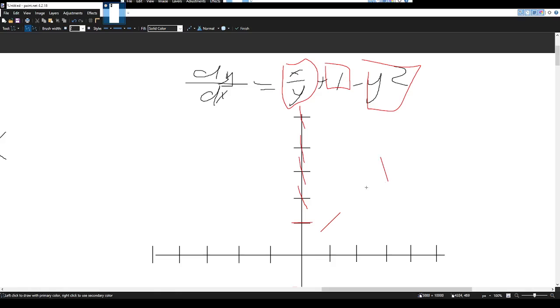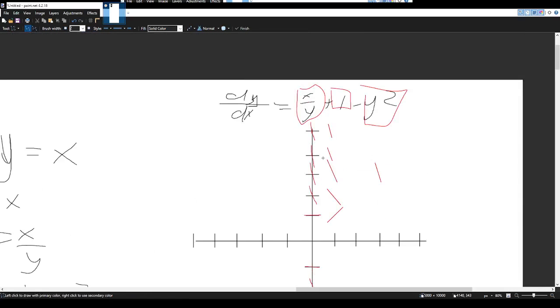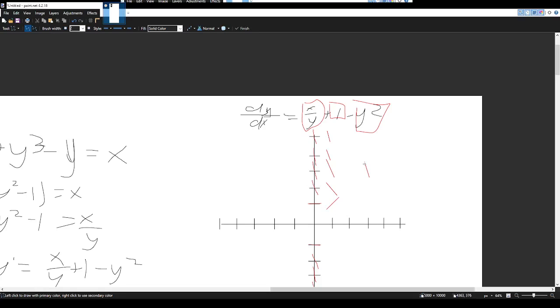And so you see how you can kind of start filling in, right? This one actually changes pretty quickly because of this negative y squared. So even right here, it's going to be pretty negative. Not quite as negative, but then obviously it's more and more negative. So you can kind of see how these things can change pretty quickly.